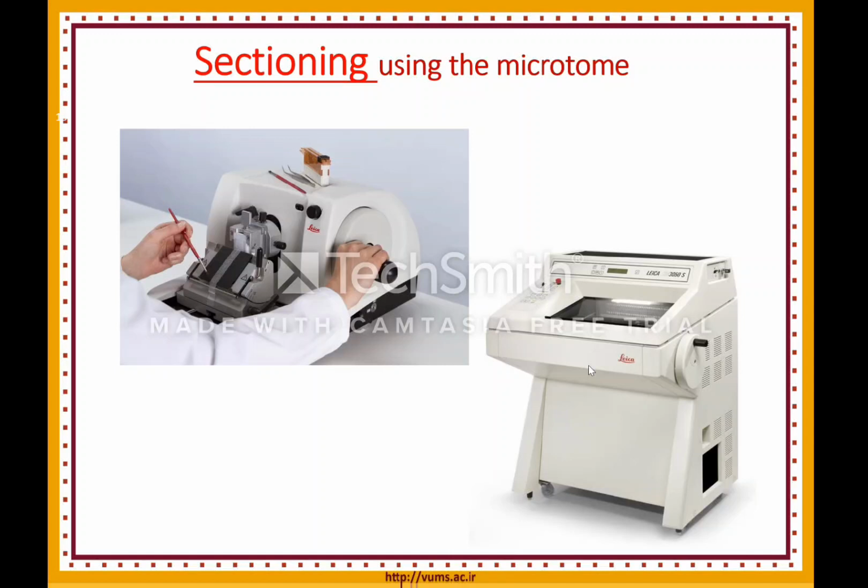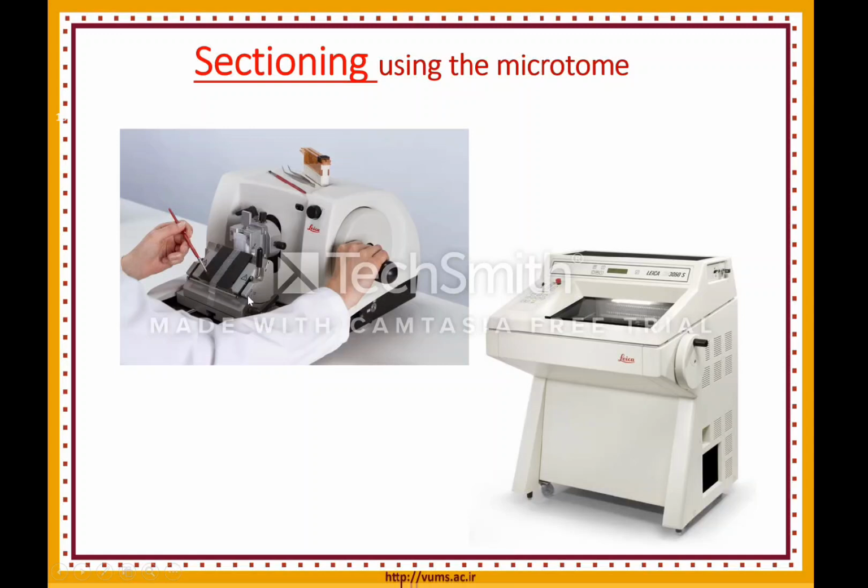The technician of the lab sections it with the cryomicrotome, because in this procedure the tissue doesn't pass through the tissue processor. They section it and after that stain it. But normally in the histology and pathology lab, mostly this microtome is used.